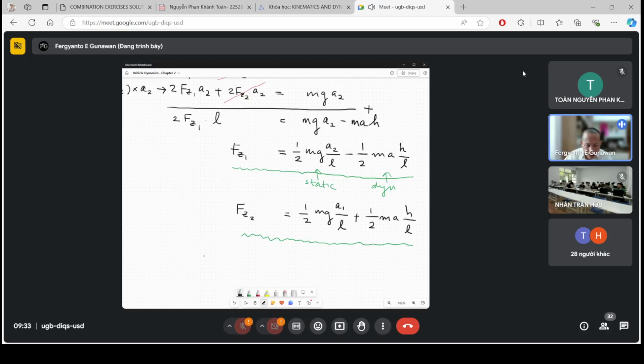So the force at the rear becomes bigger with acceleration.